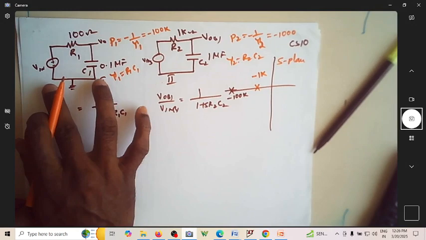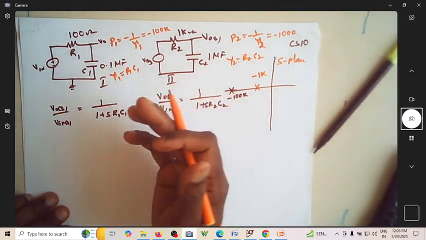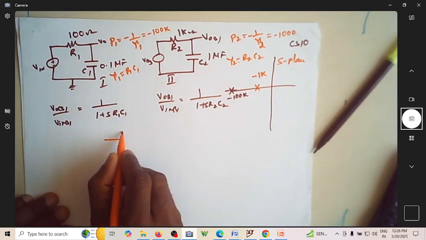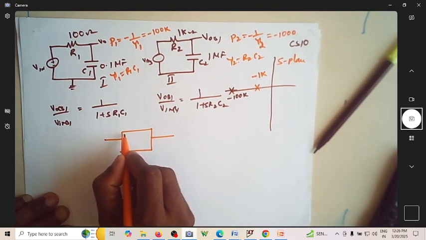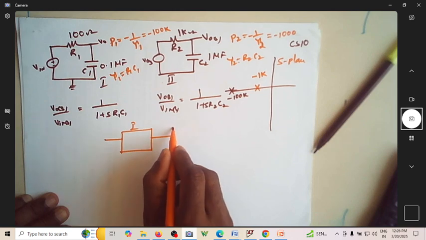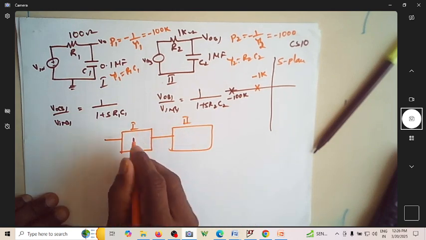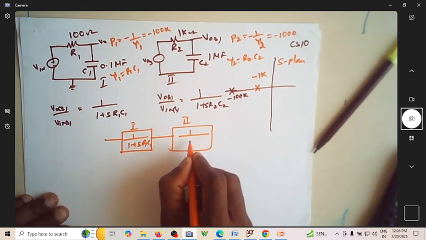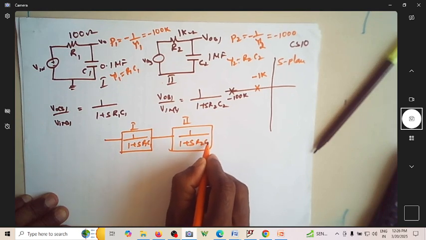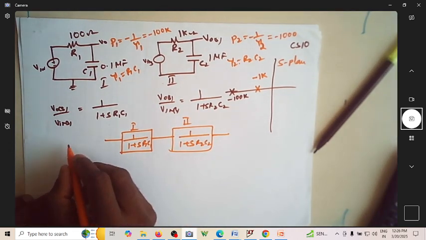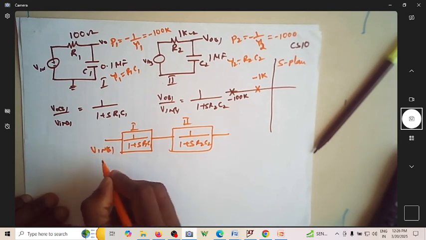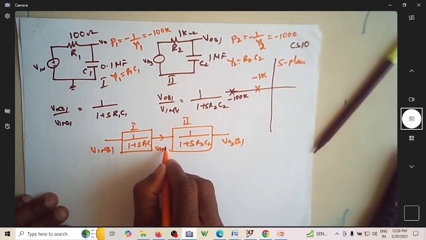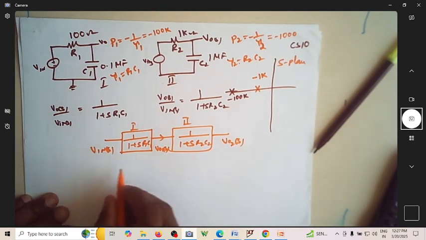So what I will do now is cascade these two, or you can write the block diagram representation. Can I write this as the block diagram of the first circuit? This is the block diagram of the second circuit, which happens to be 1 over 1 plus S R1 C1. This is 1 over 1 plus S R2 C2. So if I say this is V in of S and V naught 2 of S, and let me say this is V naught 1 of S, what is V naught 2 of S?